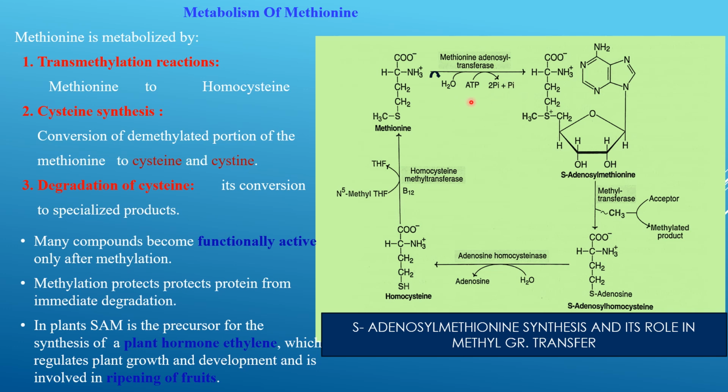That is equal to loss of 3 high energy bonds, and that's how we say it is the consumption of 3 ATP. Then further, S-adenosyl methionine acts as a donor of the methyl group, because now the methyl group is attached with the sulfur. Sulfur is positively charged, and so this is known as active methyl.